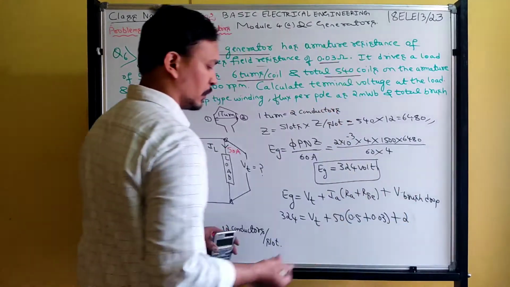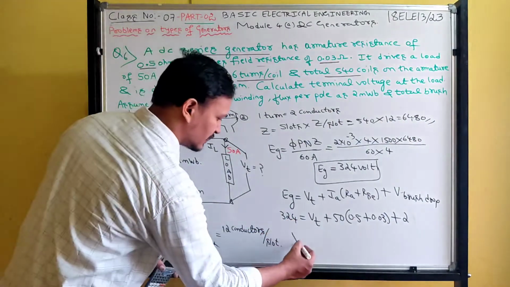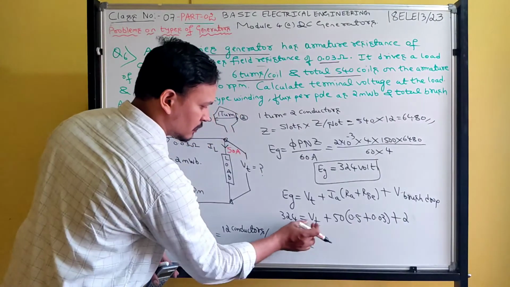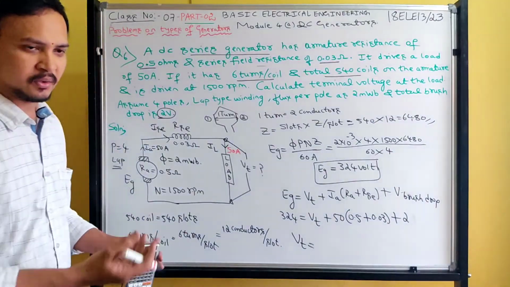So you write simply 2. There is only one unknown parameter, so you can easily find it. Vt is equal to 324 minus this minus 2 volts.